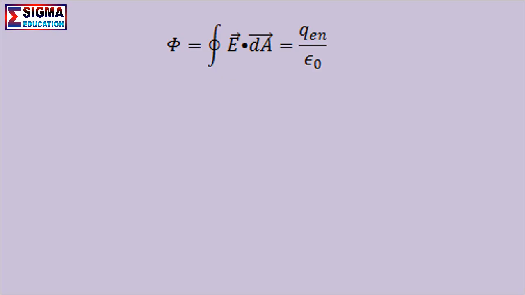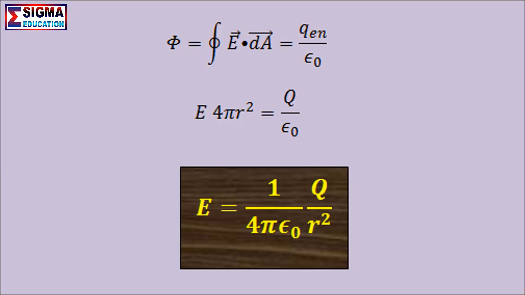Phi equal to closed integration vector E dot dA equals Q enclosed upon epsilon naught. On putting the values of electric flux and charge enclosed inside the Gaussian surface and solving, finally we get E equal to 1 upon 4 pi epsilon naught Q upon small r square.